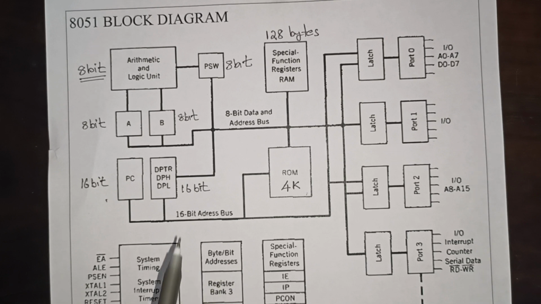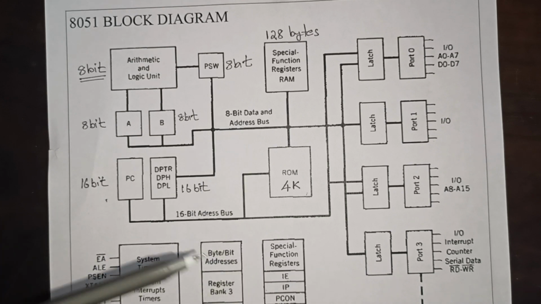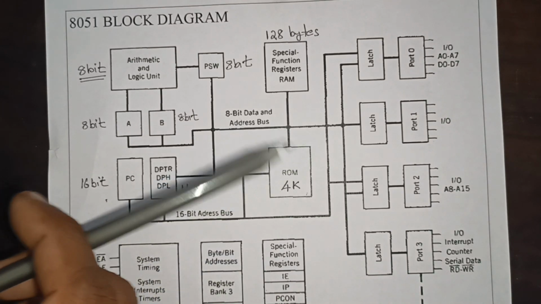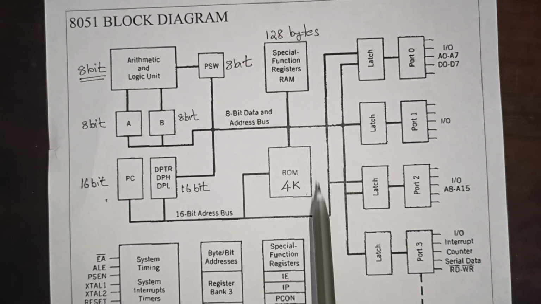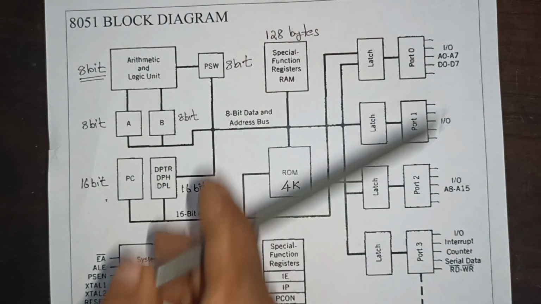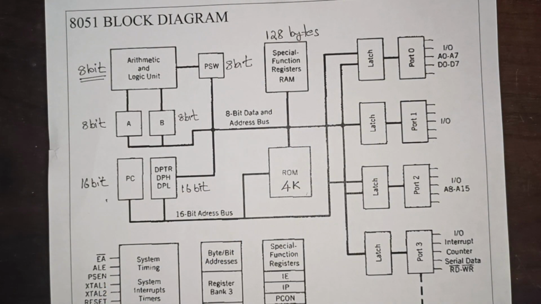The address bus will always be 16-bit and the data bus will always be 8-bit. You can notice that this is the address bus. The address bus is only connected to this port and this port, because these two ports are intended to carry address.